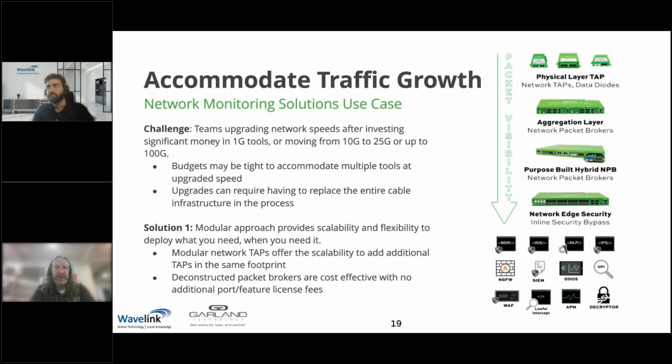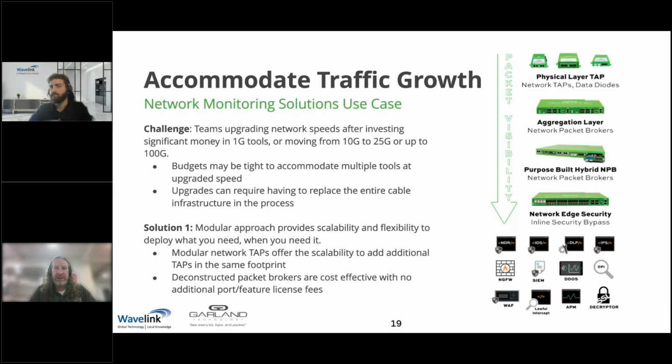So same thing. A lot of people upgrade to 10 gig switches. In IT, obviously, higher speeds than OT, going to 40, 100. But a lot of times they're not running at that speed. So by putting in network taps and packet brokers, it allows us to bring in traffic from 1 gig all the way up to 100 gig.